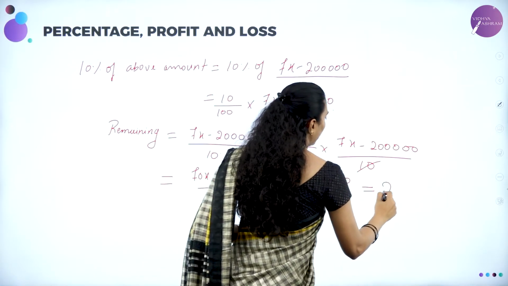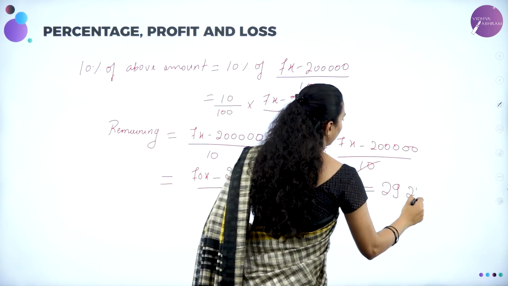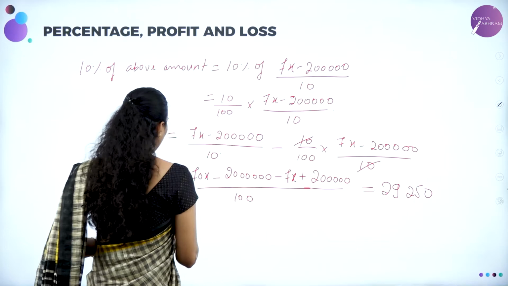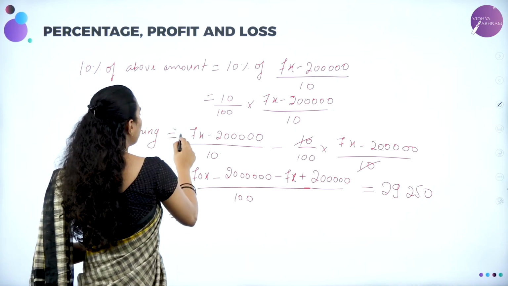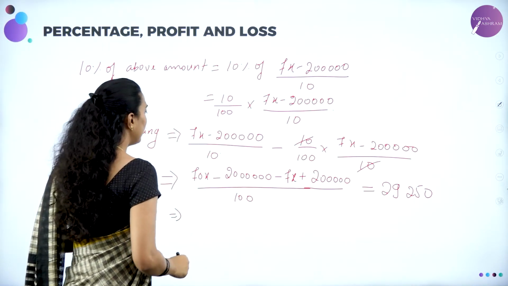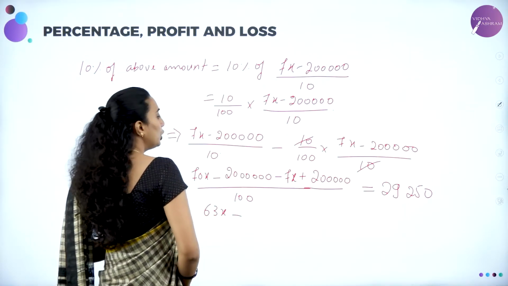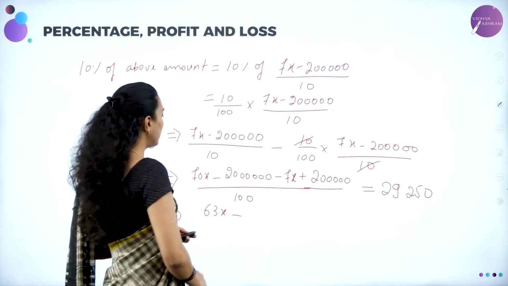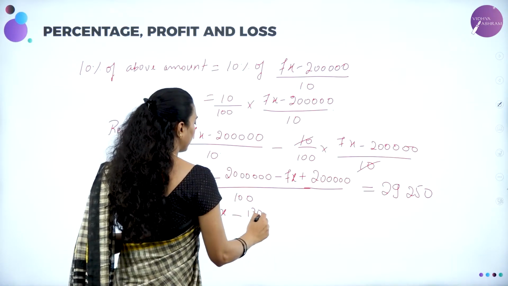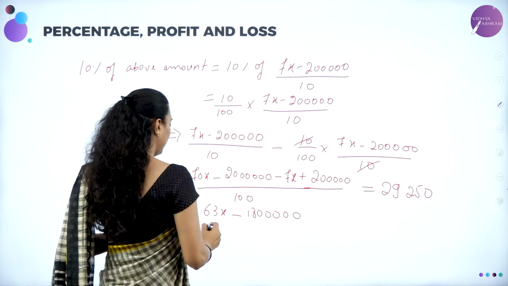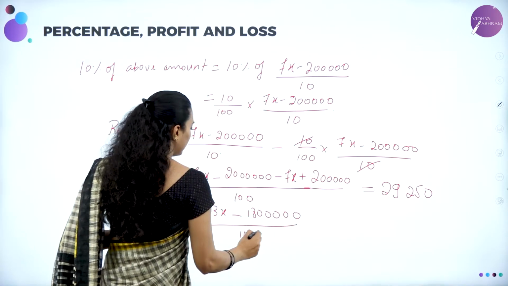So which implies that 70x minus 7x is 63x, minus 20 lakh plus 2 lakh is nothing but 18 lakh, divided by 100 is equal to 29,250, right?